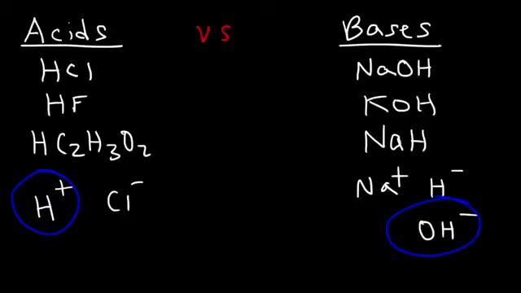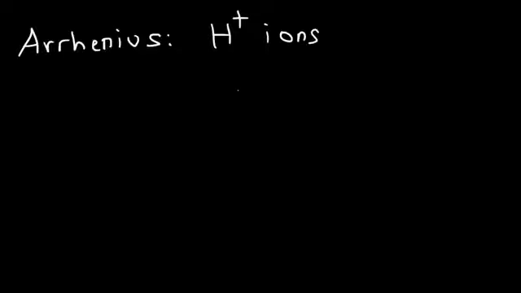Now you need to understand the Arrhenius definition of acids. Acids are substances that release H plus ions into the solution. Hydrogen ions are equivalent to hydronium ions in water.